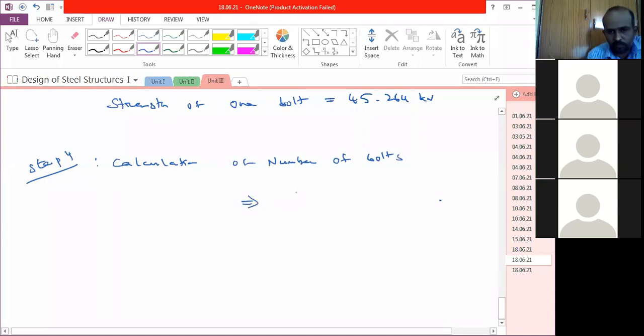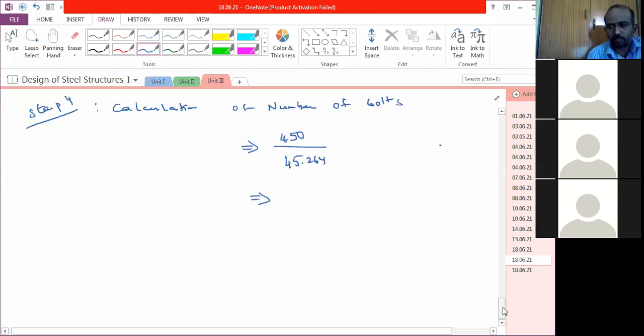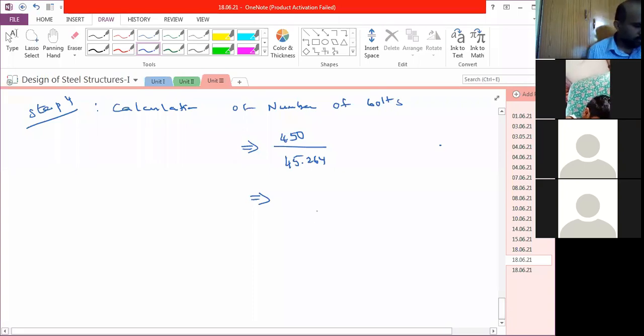Total load: 450 kilonewton needs to be carried. Strength of one bolt: 45.264. How many bolts are needed? Tell me. Near to 10. So 9.94 is approximately 10, right? 10 bolts are needed.